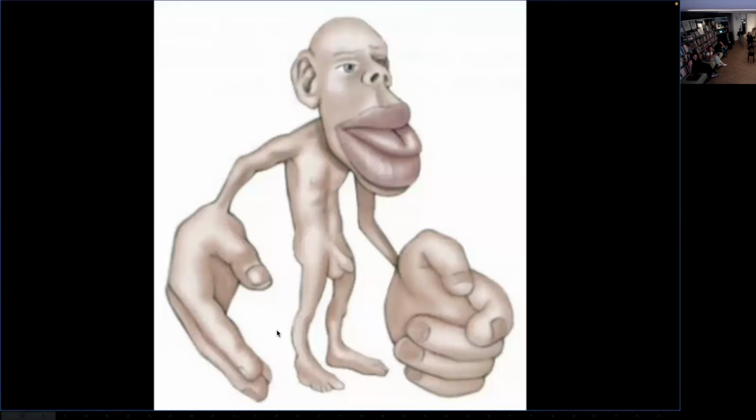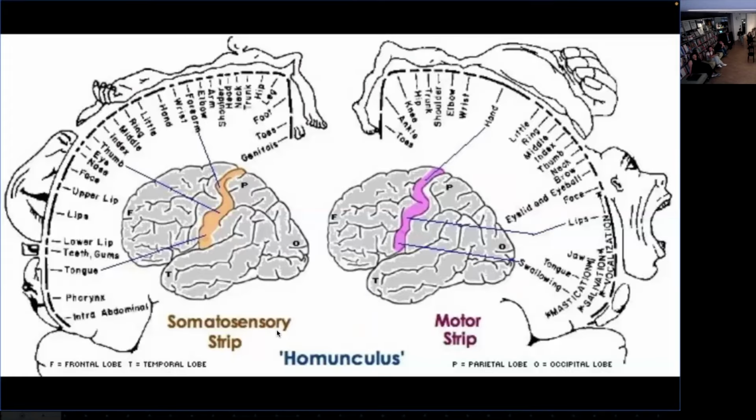This is the homunculus, a representation of a human being, transformed like a cartogram. The density of nerve endings is mapped continuously on the body, so where we have more sensitivity, right? In the tongue, the lips, the hands, etc. And this is how the homunculus maps to the brain.